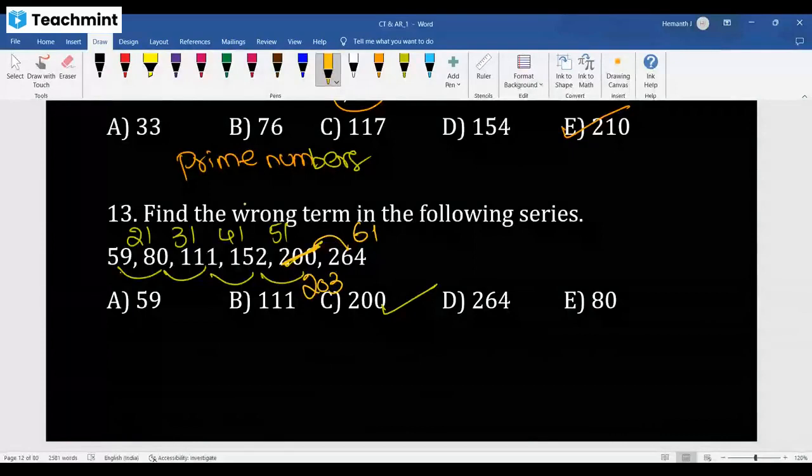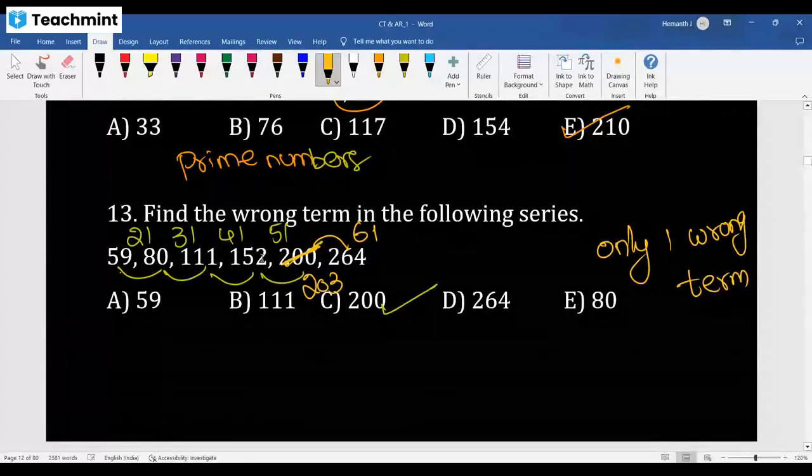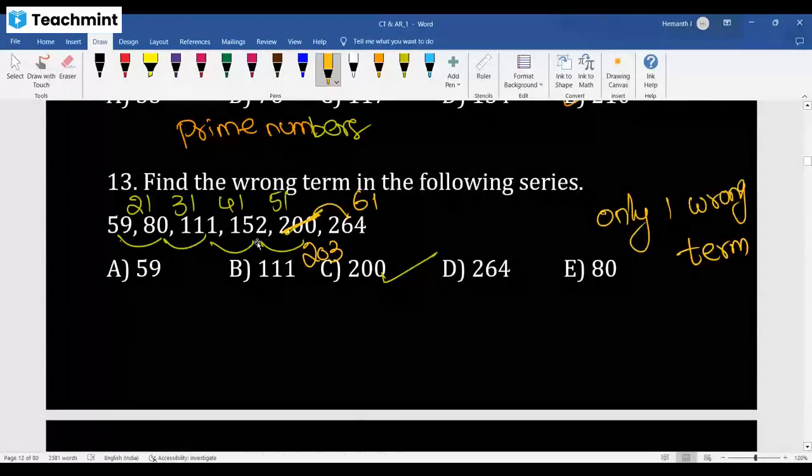Here you can see the flow 21, 31, 41. In that flow we need next is 51. But here if it is 48 difference, we need to modify that. That's what the wrong term. Only one wrong term will be available in the series. Okay, that you need to identify. This is not number series. Okay, wrong number series. Only one wrong term required. So that's what, 200, if it changes as 203, the next one also no problem.